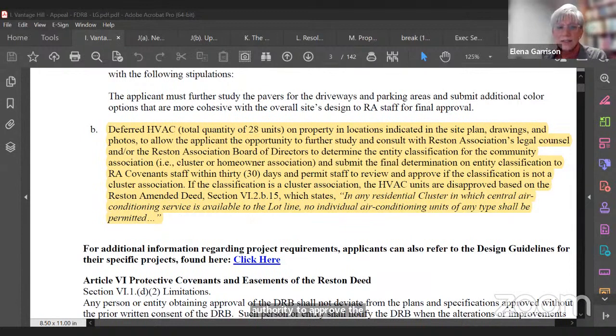I'm willing to discuss this, but it's not a matter of approving or disapproving the HVAC units. It's changing the language to say that it has to come back to either a panel or the full DRB for approval of HVAC units if they will be installed.